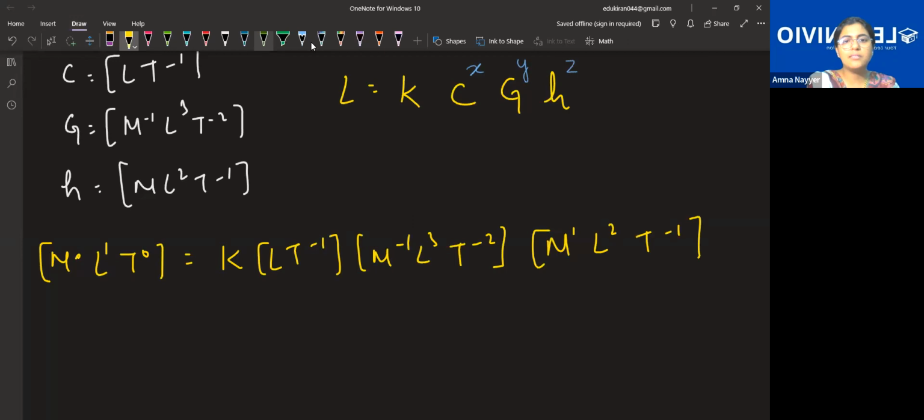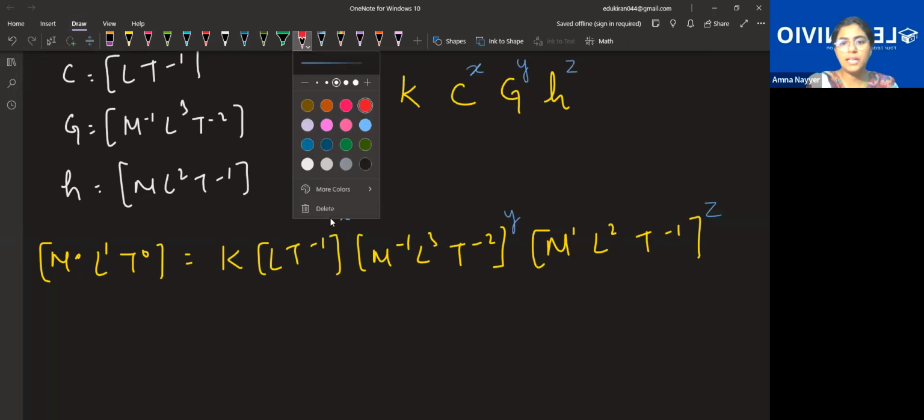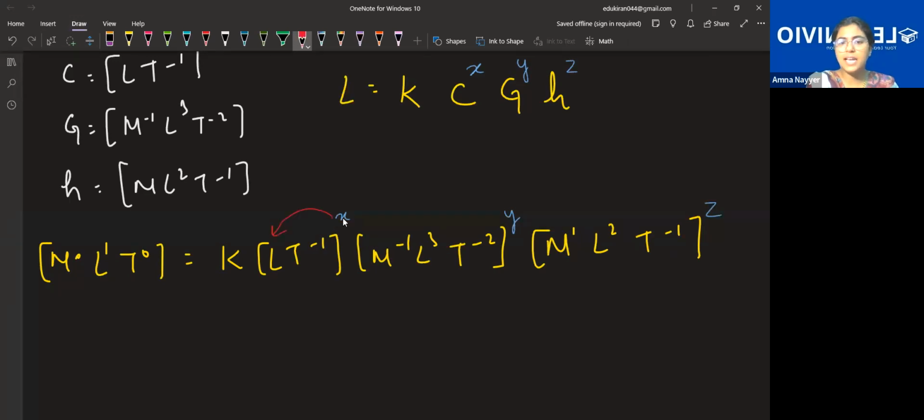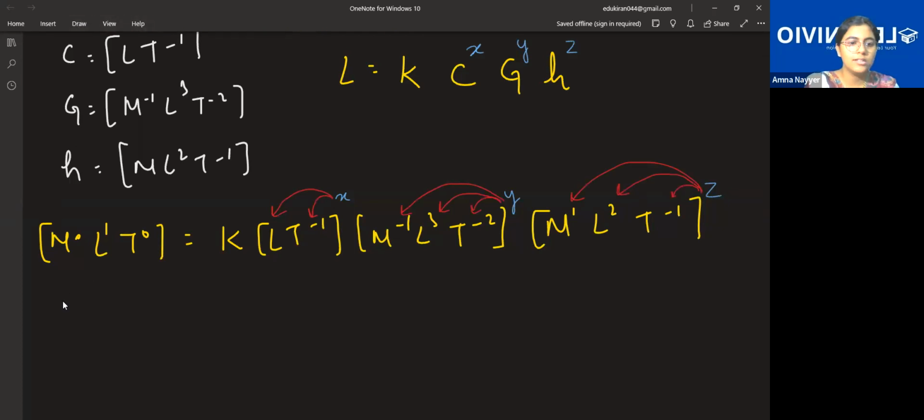So here the powers are X, Y, Z. Now what we'll do? We have to multiply X with this L, then X with this -1, Y with this -1, then Y with this 3, then Y with this -2, Z with the 1, Z multiplied to 2, Z multiplied to -1. All these values. So ultimately here we just have L to the power 1.